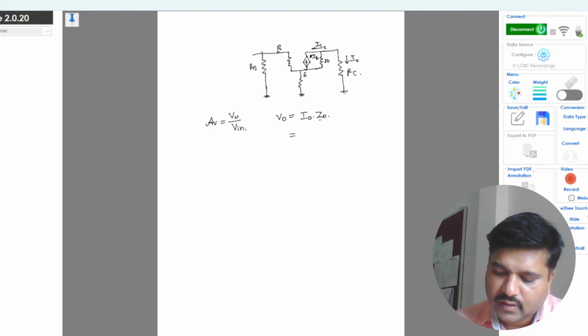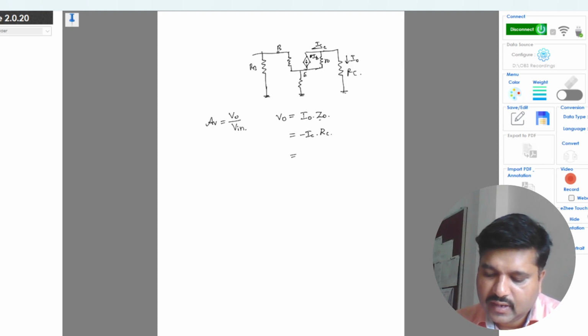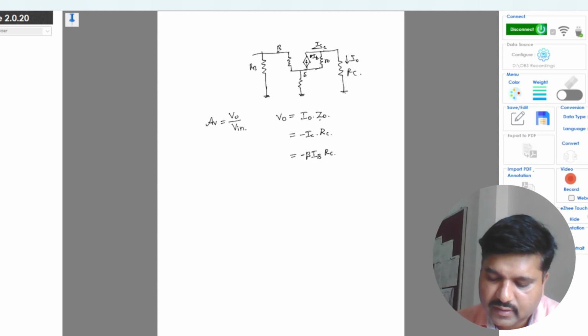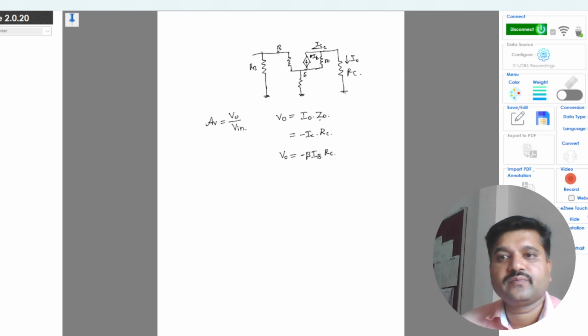So here what we have is minus IC into RC, because Z naught is my RC. IC is nothing but beta times of IB into RC. So this is my V naught.